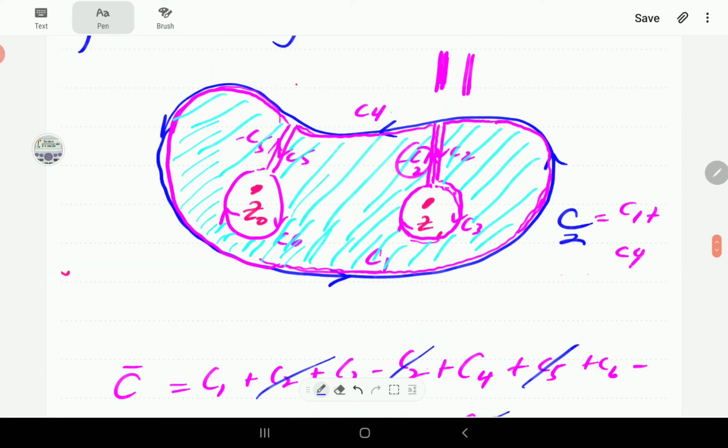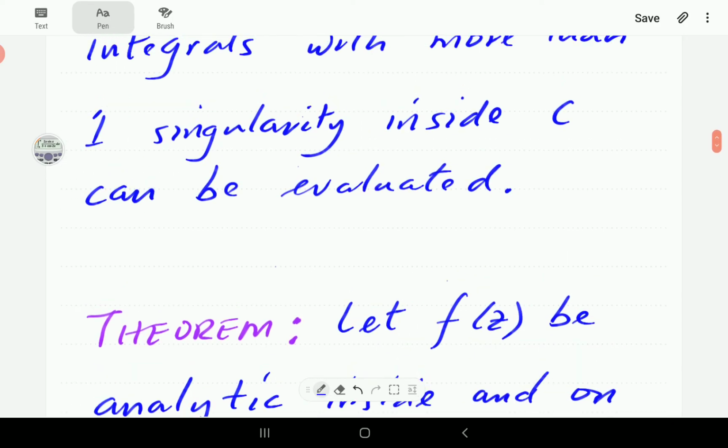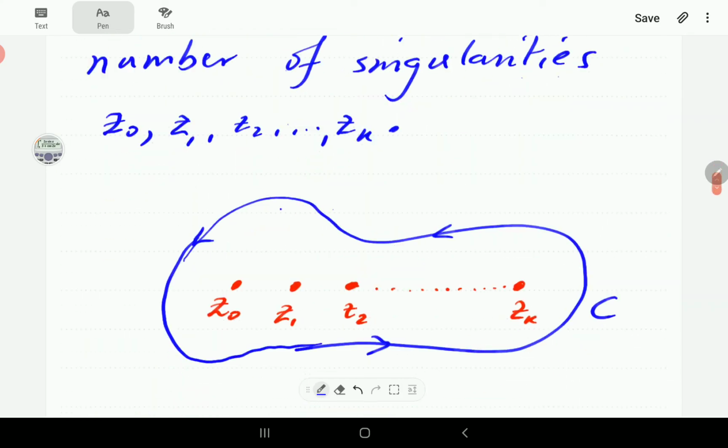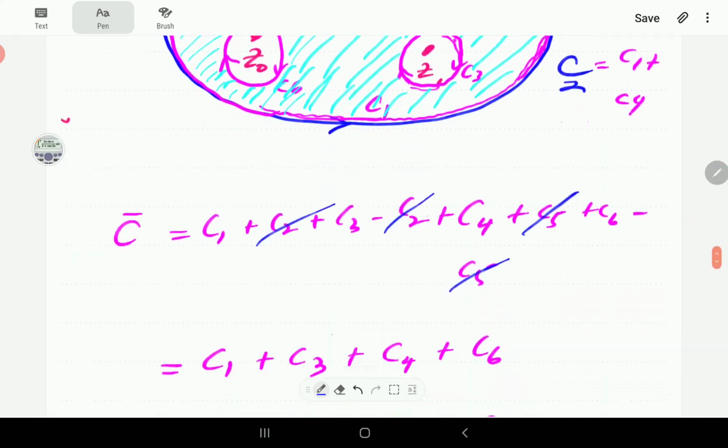Now C3 and C6 are close contours around singularities Z1 and Z0 respectively. Now, according to this result here, if you evaluate a function around a close contour and it's singular at Z0, then this is going to give you 2 pi I times the residue at that singularity.